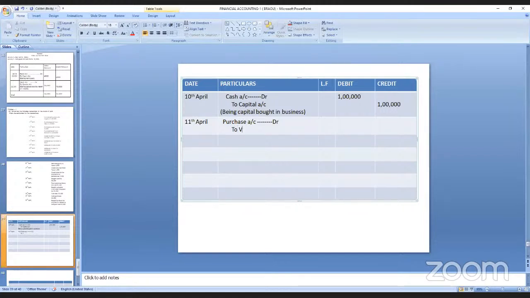Viru's account. Why are we writing the Viru account? It is a credit purchase, because he has not mentioned whether it is taken in cash or what. How much? 20,000.